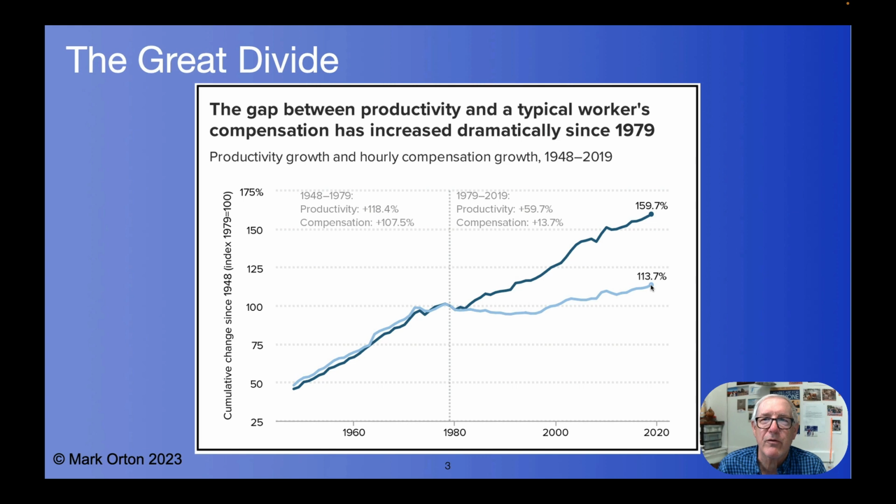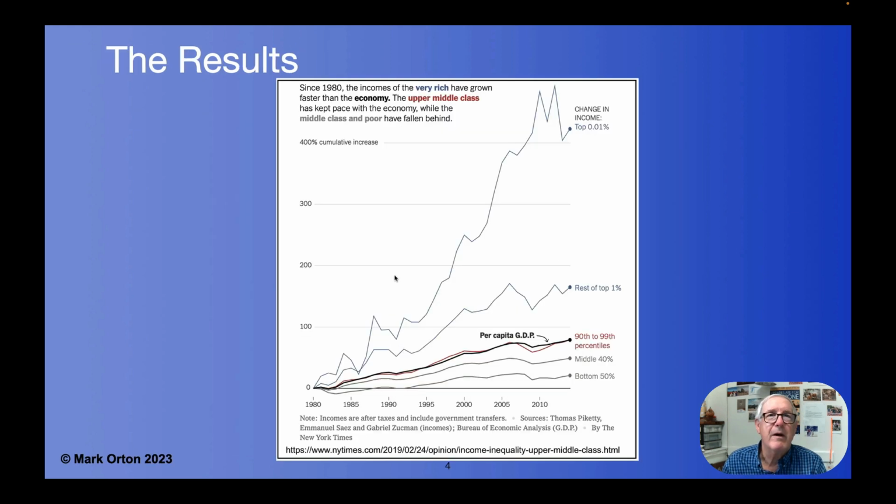That's 40 years. This is the origin of the explosion in income inequality in the United States, which persists to this day. And here we'll investigate this inequality a little bit deeper.